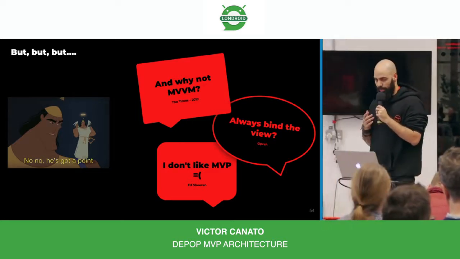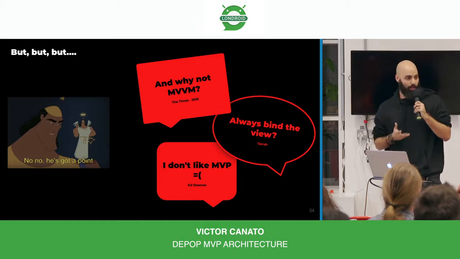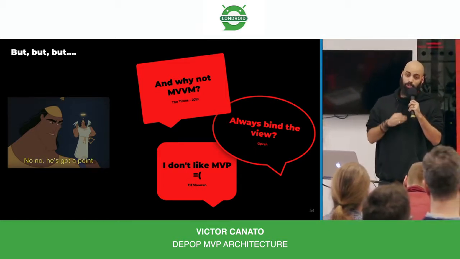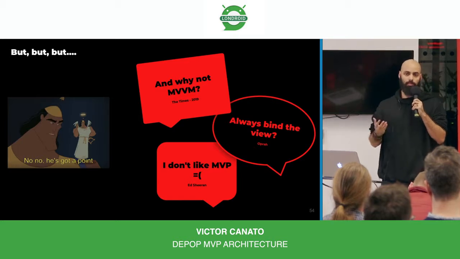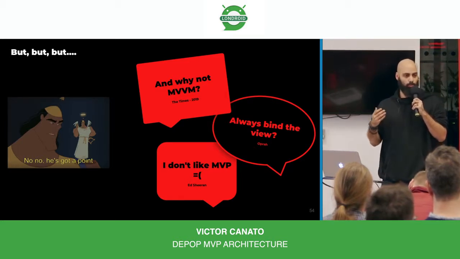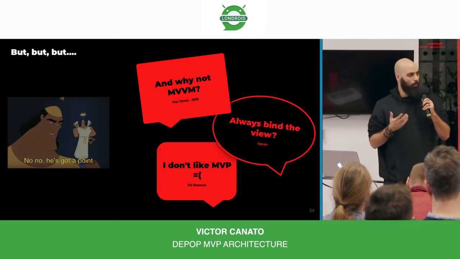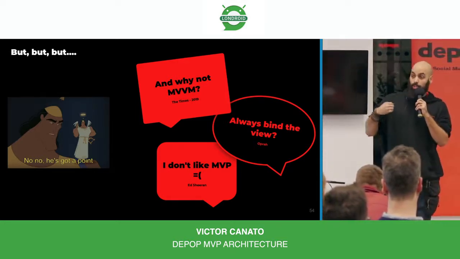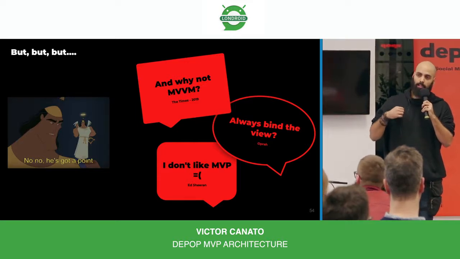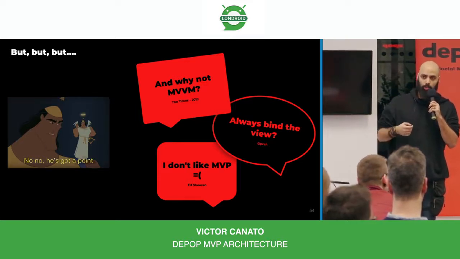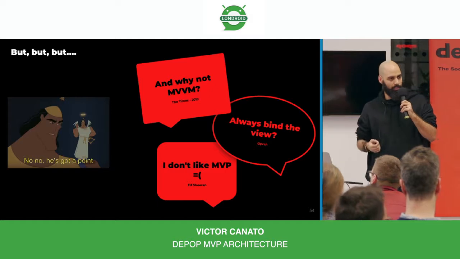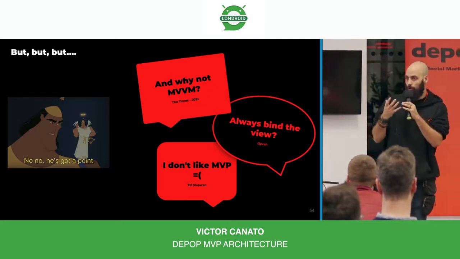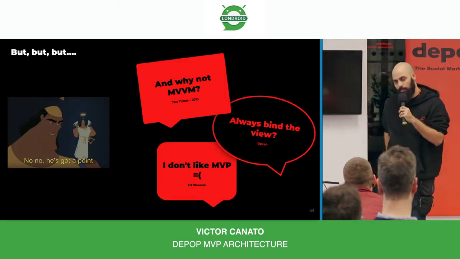Another reason is that when you have MVVM and you do a unit test and you know that your presenter is working, you are not sure that your view will update. You need to do more tests on top of it. So when we bind the view, and it's not a perfect solution, on our presenter we are sure about what the view is doing. So when we do a unit test for the presenter, we are sure that the view is being called. And this gives us control over what's happening.